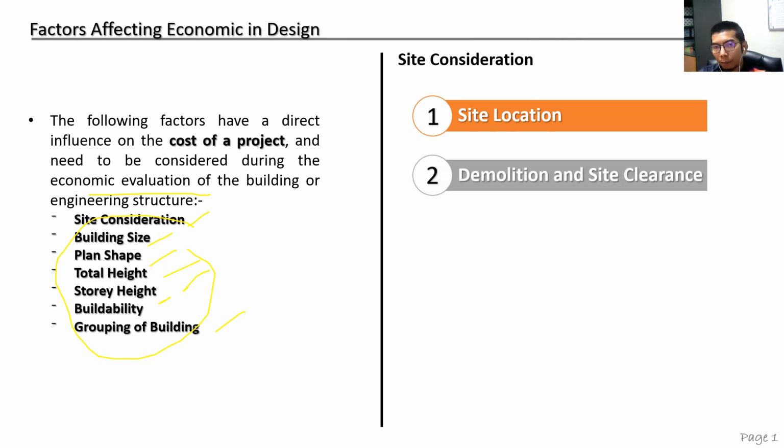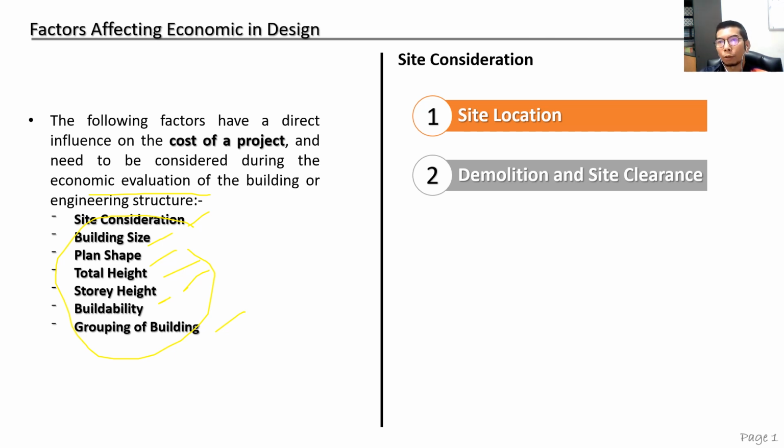The second factor is demolition and site clearance. This also plays a part in influencing the cost of the project. Again, we are talking about site location and site configuration. If you are involved with much demolition work or clearance work, you will need to consider the cost of it.